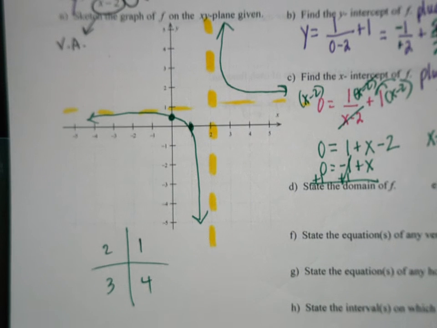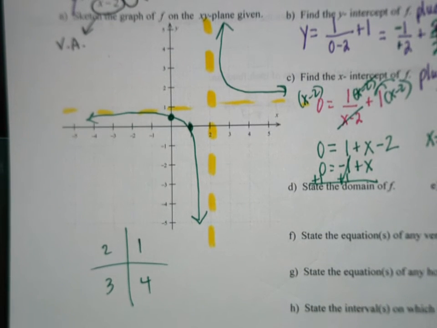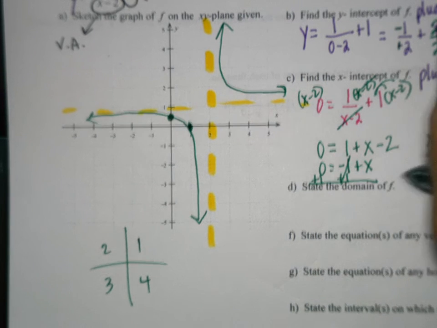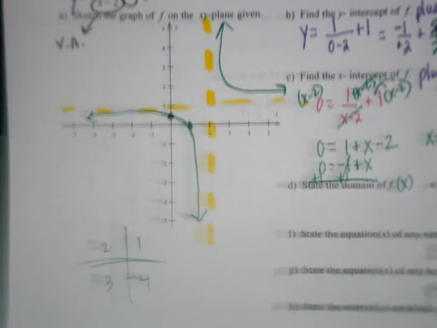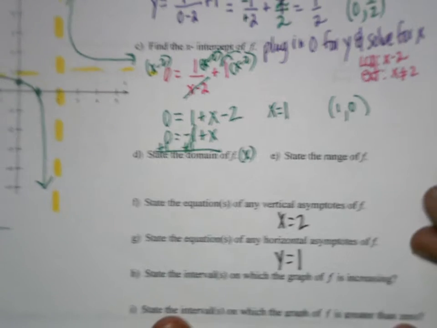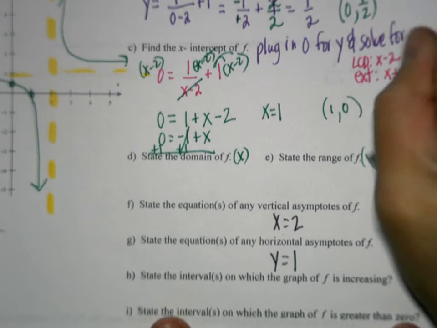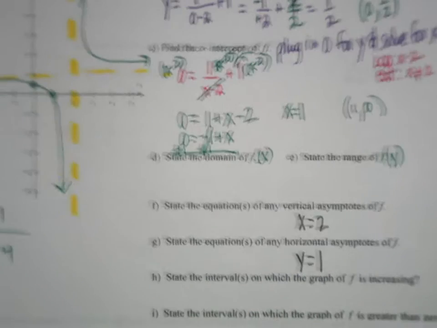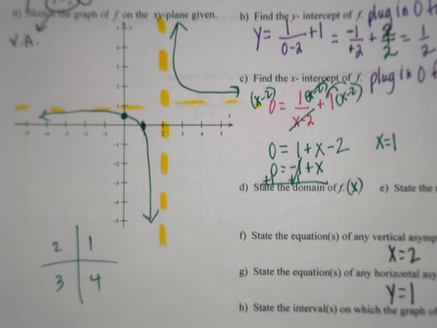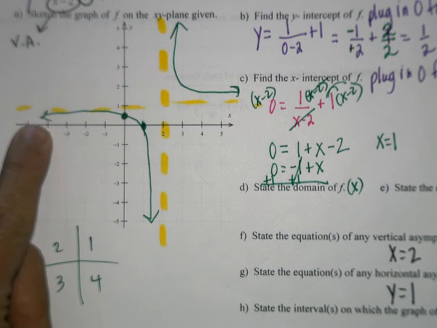So, domain. This again goes back to the beginning of the year. Domain is your X values, right? We can put X here, and next to the range, it is our Y values. Now, if you're going from left to right for the domain, what value will I start with?